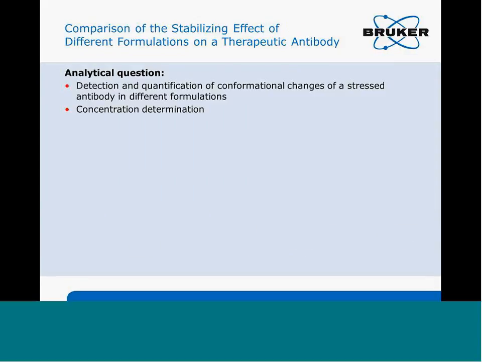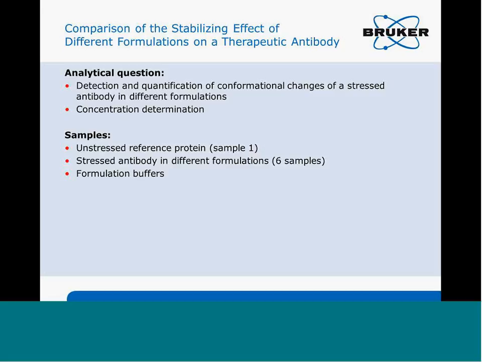This is an example of how you can do it. Typically, for those who work with proteins in the pharmaceutical industry, people need to figure out the stress effect on a protein.